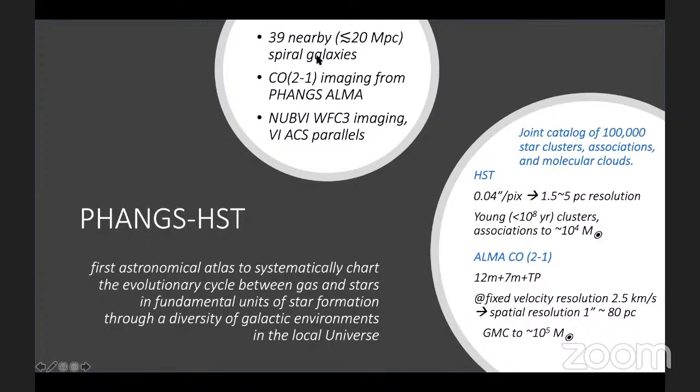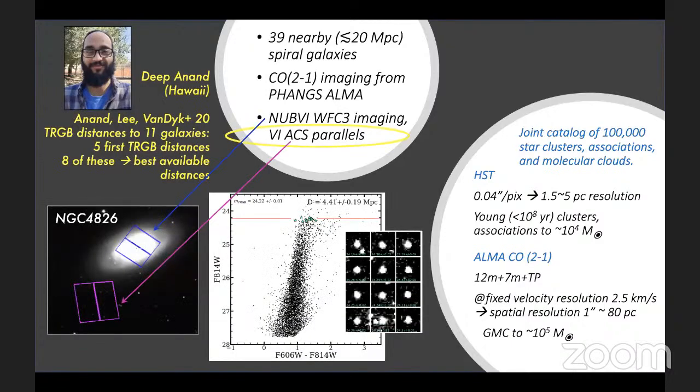Our sample contains 39 nearby galaxies, and all of these galaxies have CO 2-1 mapping from the PHANGS ALMA Large Program. We're using HST to image the same areas that ALMA imaged within the disk in 5 bands from the near UV to the I band. We also take the opportunity simultaneously to obtain V and I images in so-called parallel mode.